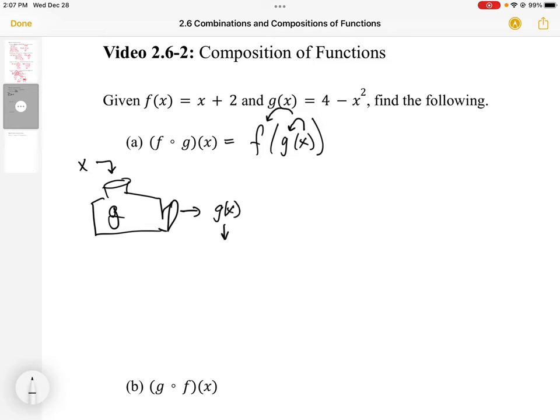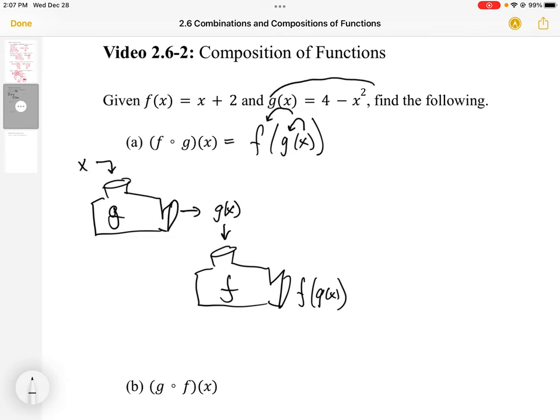And then that output is being inputted into f, and out comes f of g of x. So in this particular case, we have the first function, x, is being inputted into g, which is exactly what this is saying, this statement, g of x.